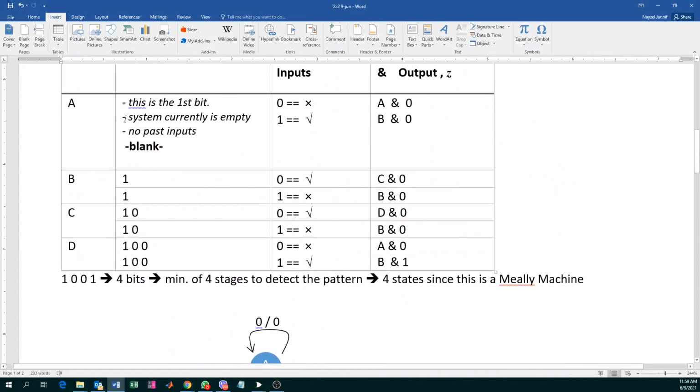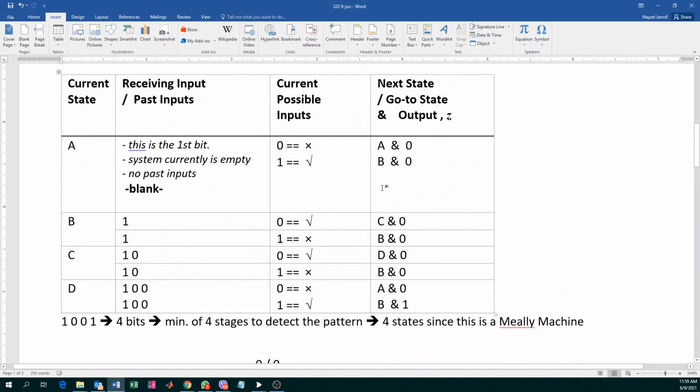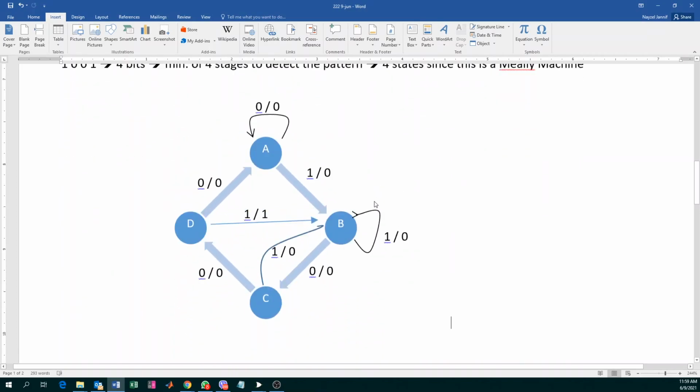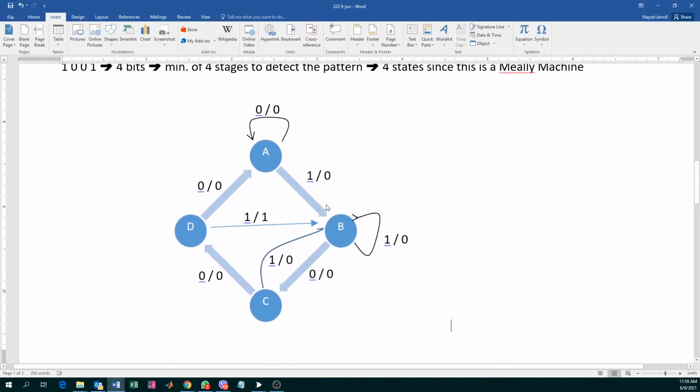This is a table which I'm only drawing for you to show how to do the working, or to give you some further insight and understanding. You don't need to draw this particular table. You can jump straight into the state diagram.